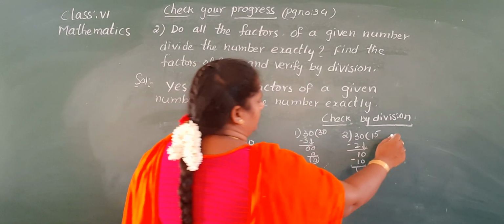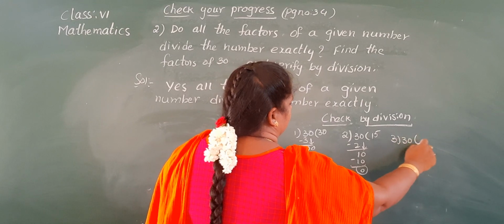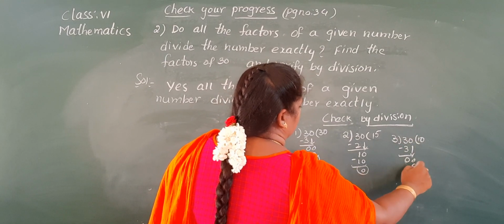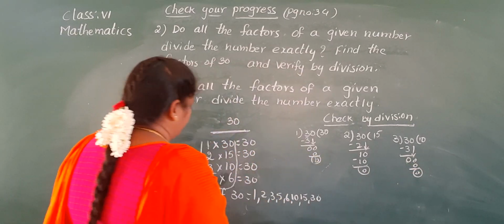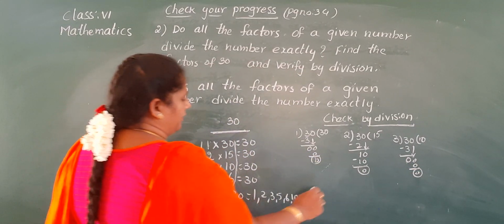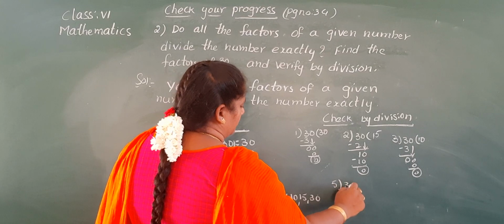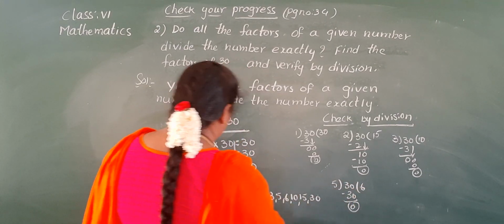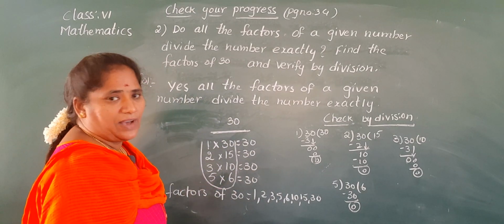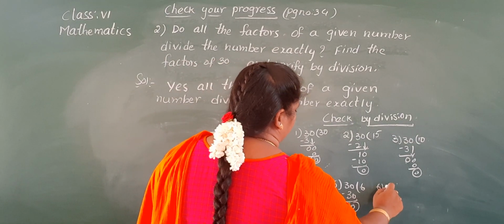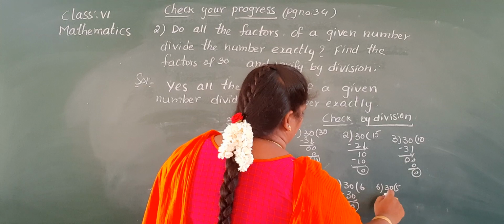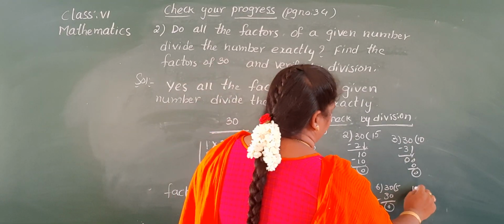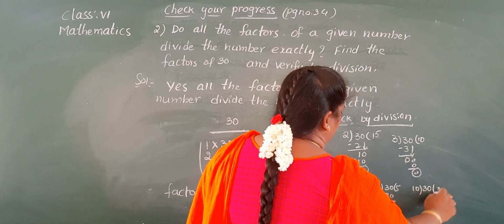And 3 table, 30. 3 1s are 3, 0, take down 0, 3 0s are 0. And next 5 table. 5 6s are 30. Next 6 table. 6 5s are 30. Yes, it gives the remainder 0. 10 table. 10 3s are 30.